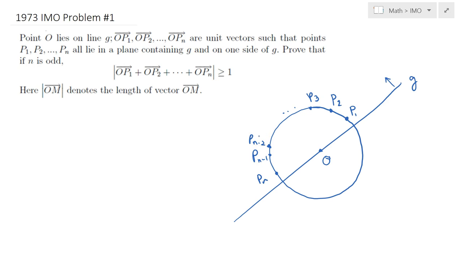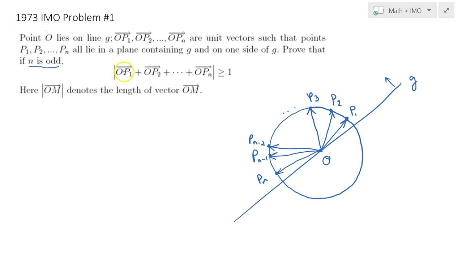But one thing is for sure, all these vectors are unit vectors in the sense that they measure 1 unit, right? So therefore we have a unit circle around the point O, and then we would like to prove that if n is odd, the sum of the following vectors OP1, OP2, OP sub n, their absolute value, I should say, sorry for that.